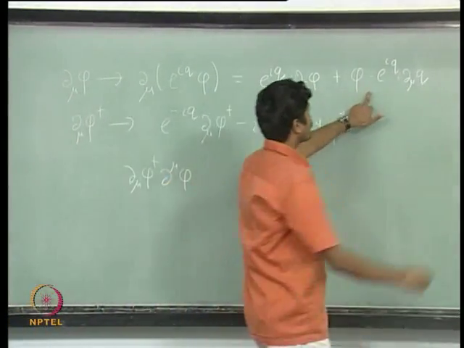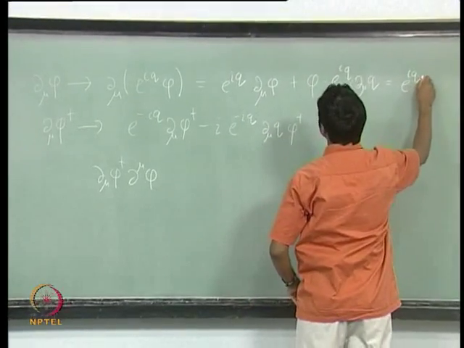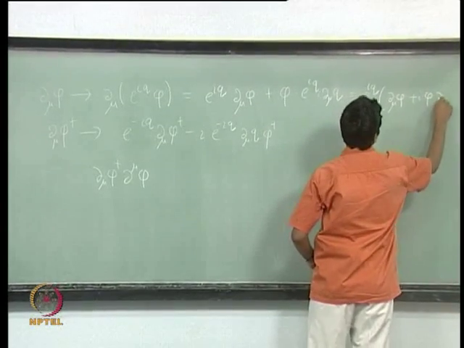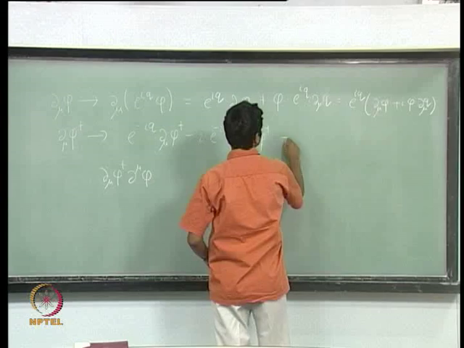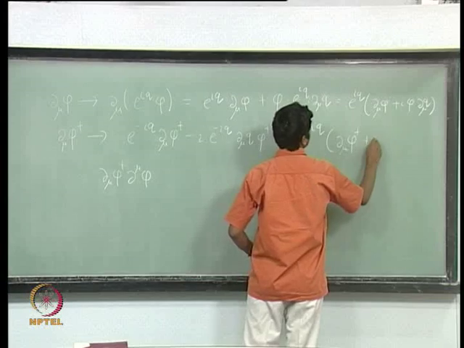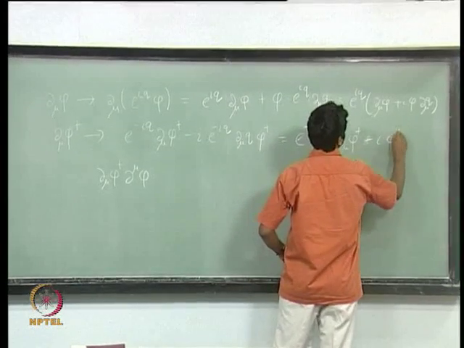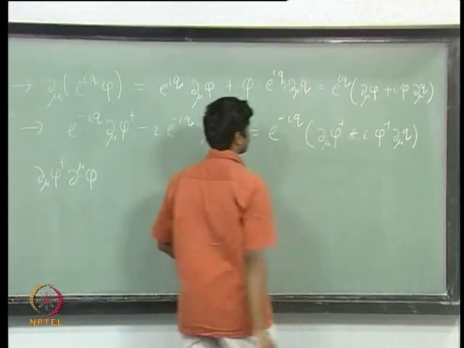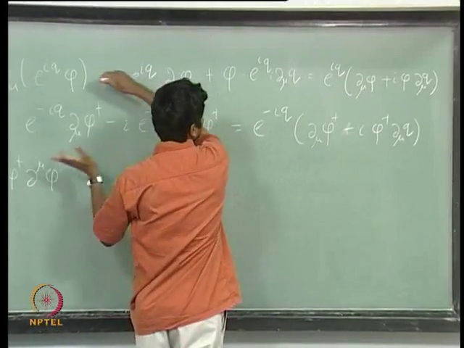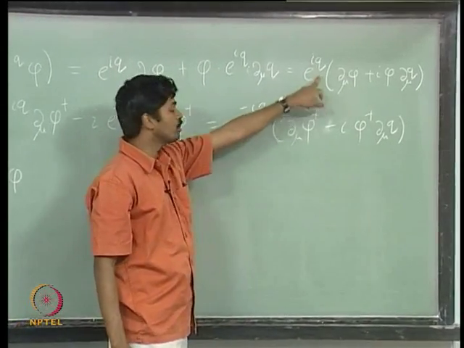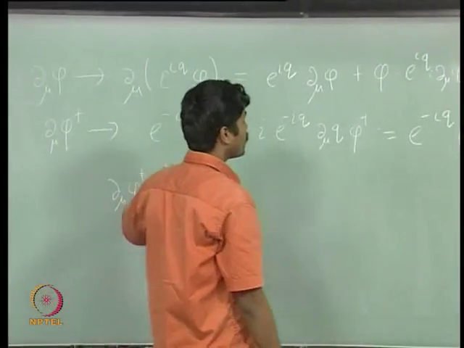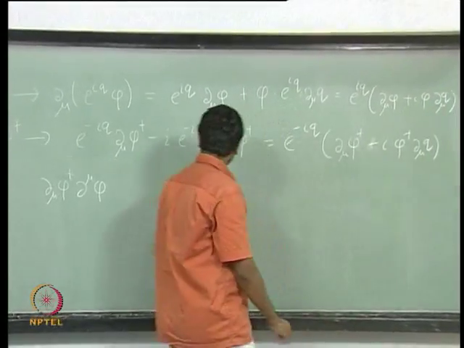You can write this term here as e to the power i q times del mu phi plus i phi del mu q, and similarly here this is e to the power minus i q times del mu phi dagger minus i phi dagger del mu q. And if this term was not there, then if you multiply these two terms, there will be e to the power i q here, e to the power minus i q there, and hence this term would be invariant. However, it is this which makes it non-invariant.